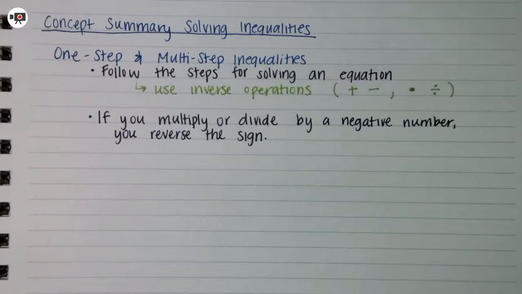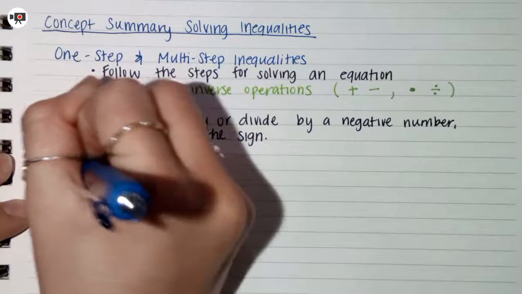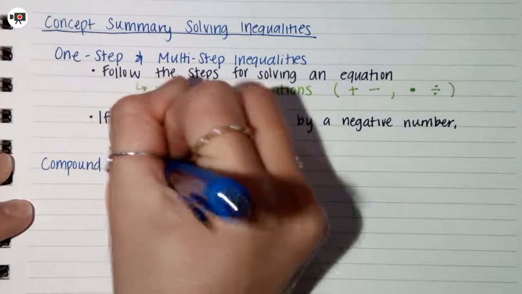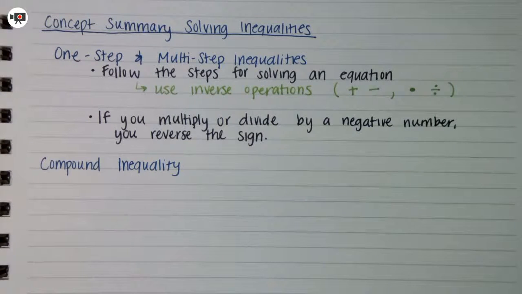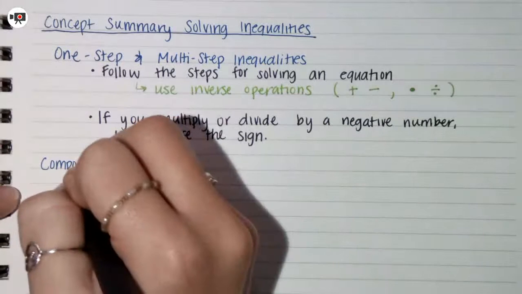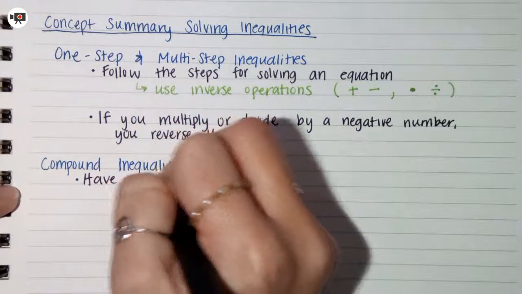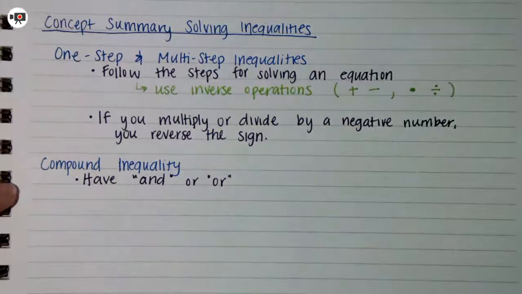Then if we have a compound inequality, compound inequality meaning we have an and or an or, as we saw in our homework, sometimes it tells you it's an and or an or.